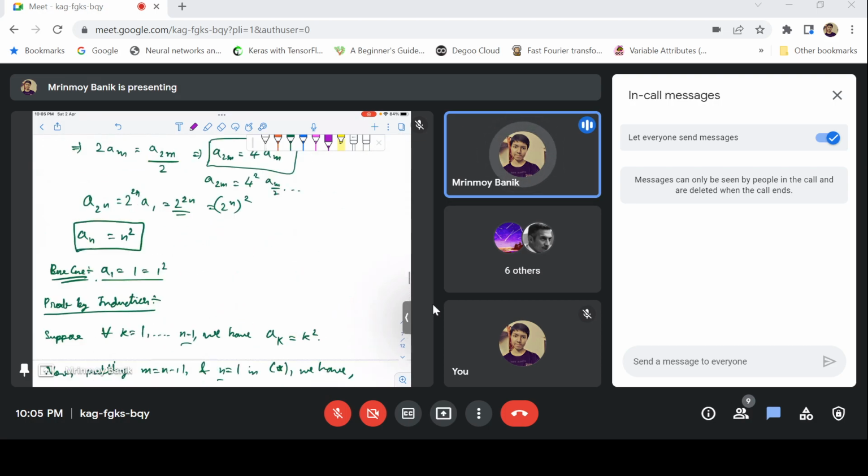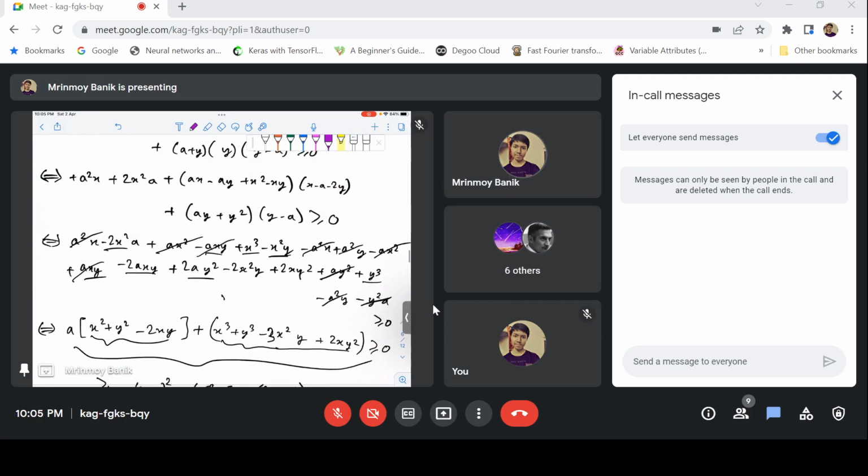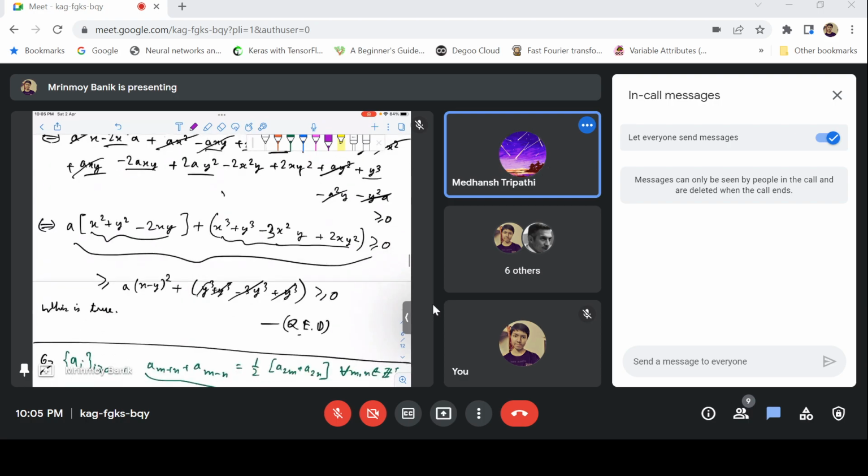You mean subjective? Yeah, only the last line. Here I think 3x squared y has the maximum value, and 3y cube is in negative, right?